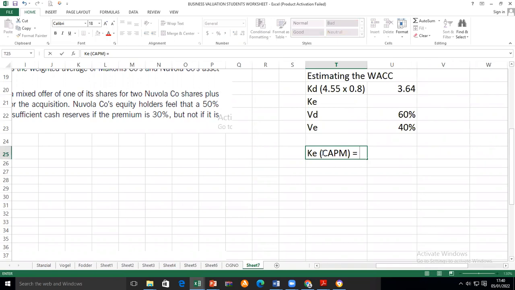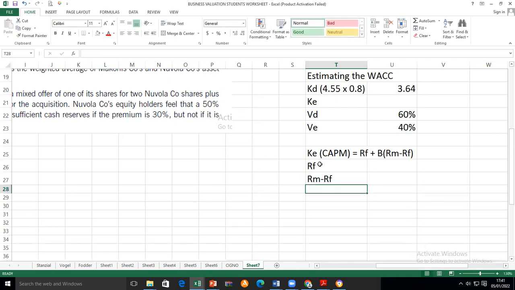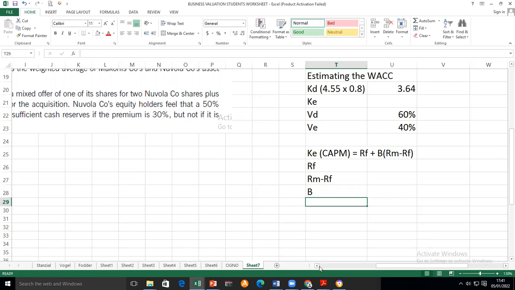Okay, so risk-free plus beta times RM minus RF. So the risk-free is given, then beta, that's what the problem is.